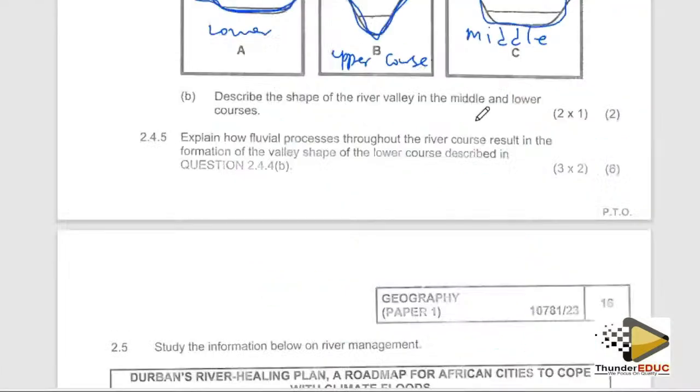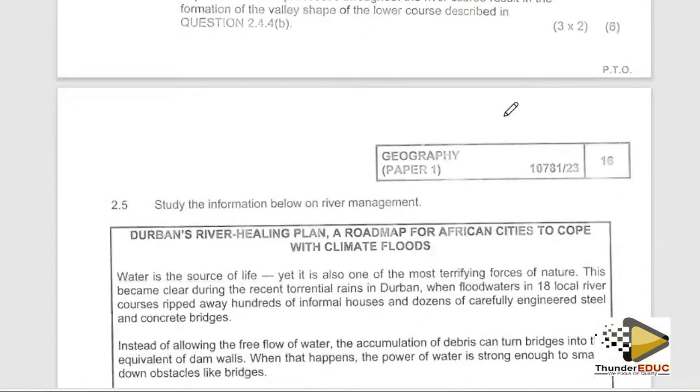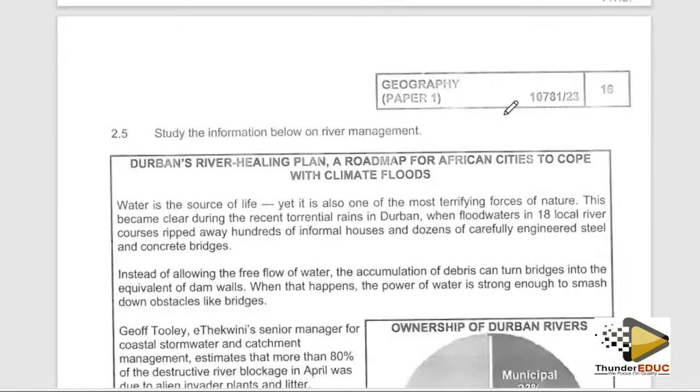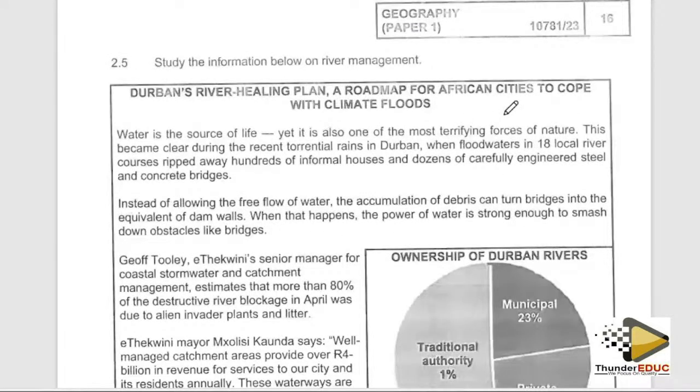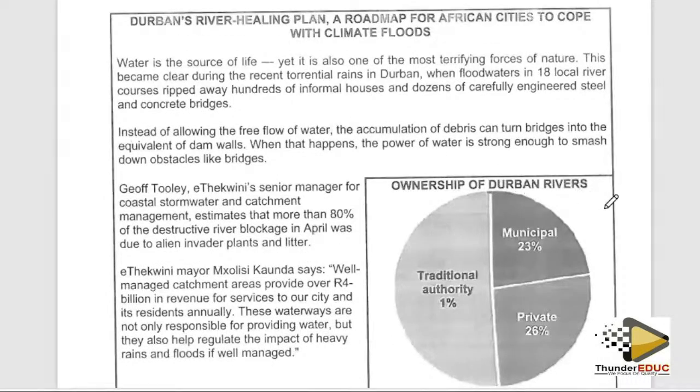Okay. Proceed to question 2.5. It talks about: study the information below on river management. Lebanese River Healing Plan, a roadmap for African cities to cope with climate floods. Right. Just to go through the article. Water is the source of life, yet it is also one of the most terrifying forces of nature.